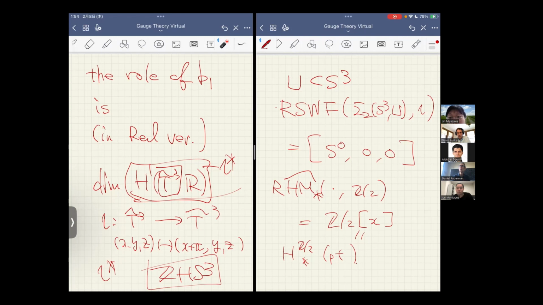But the stabilizer of the reducible is Z mod 2. Yes. I see. Thank you very much.